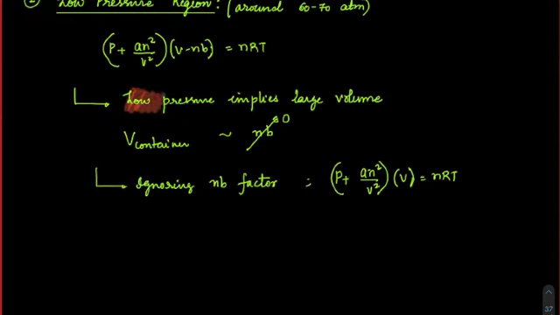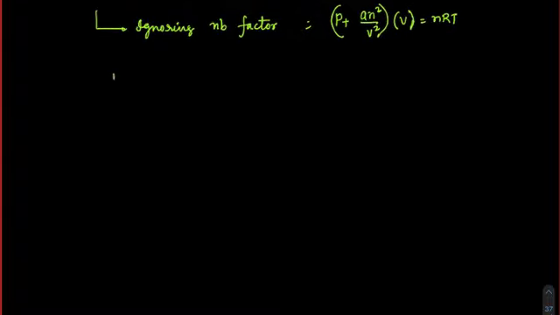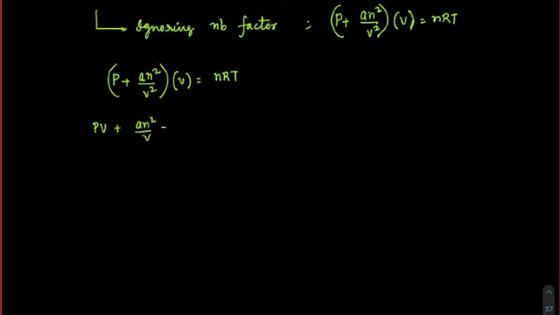So we are talking about low pressure regions, got it. Let me multiply this out as PV + a n² / V = nRT.